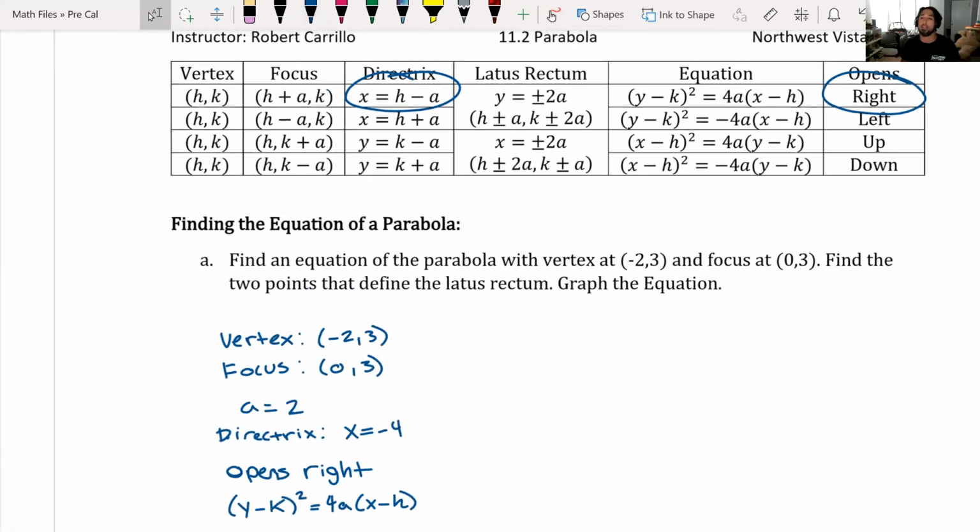So I said we open to the right, which means we use that equation for a parabola that opens to the right, and we have found the vertex, we have found the focus, we have found the directrix. We didn't have to use those complicated formulas in the very first 3 columns. And then next, we will find the latus rectum. Let's complete the equation of this parabola first, and then we'll find the latus rectum.